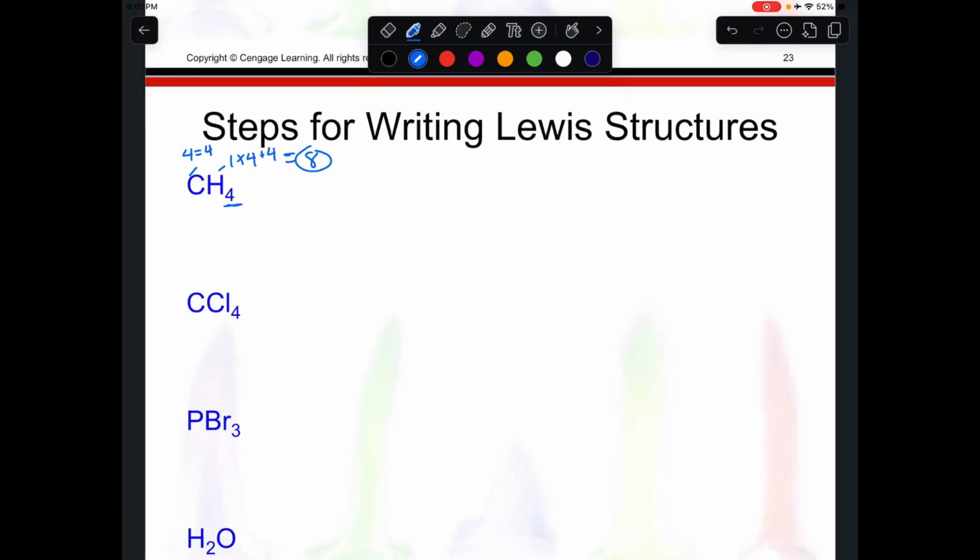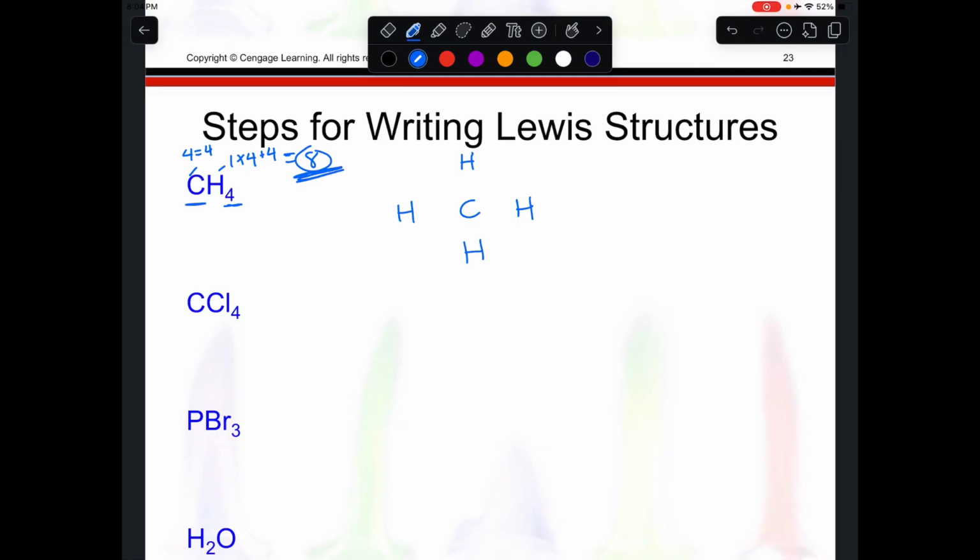Now, second step, you're going to want to place your atoms around. No lines, just arbitrarily placing them. Again, I told you our center atom is always carbon if it exists. So carbon here in the center, and then we can go ahead and place our other atoms around. Do not connect yet, just draw the atoms. Now, we need to use all 8 electrons.